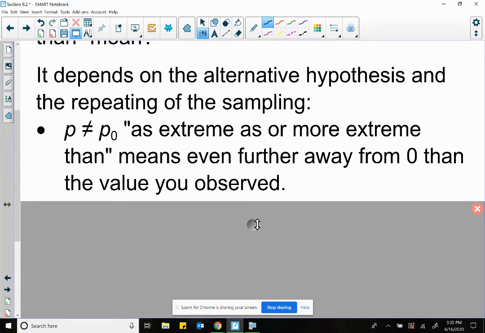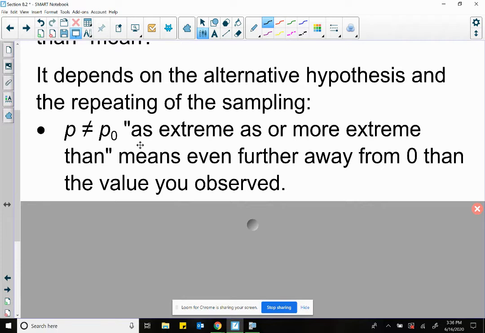If the hypothesis test was not equal, and I think in that example we had 13 out of 20, then if we repeat this, we would get a new z value that's further away from 0 than the value we observed for that 13 out of 20.